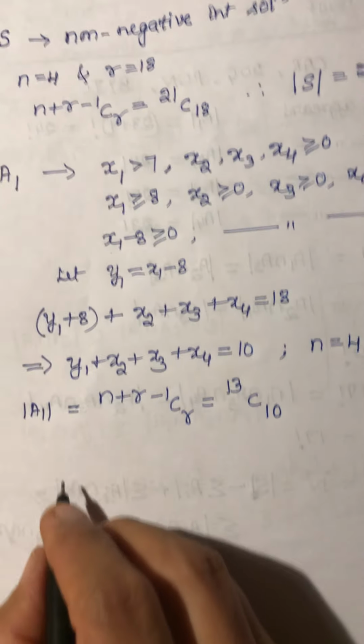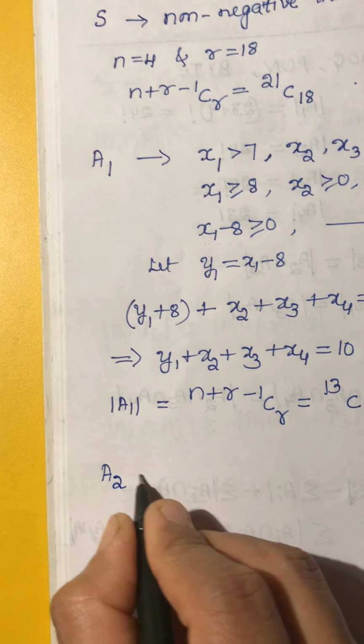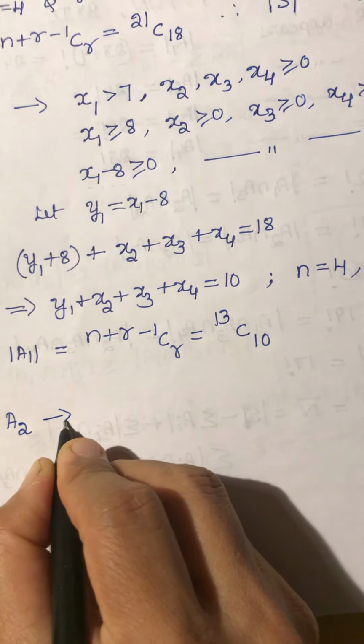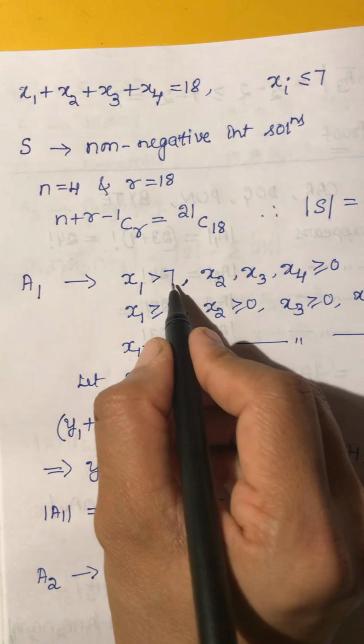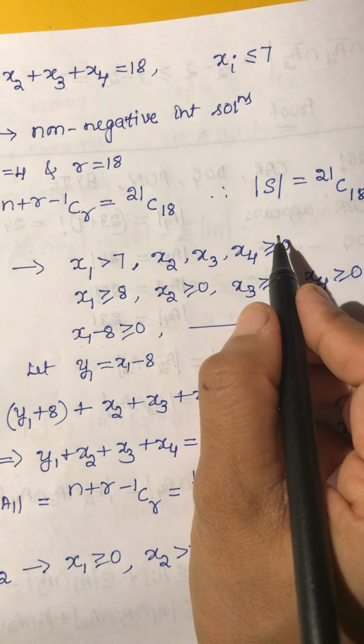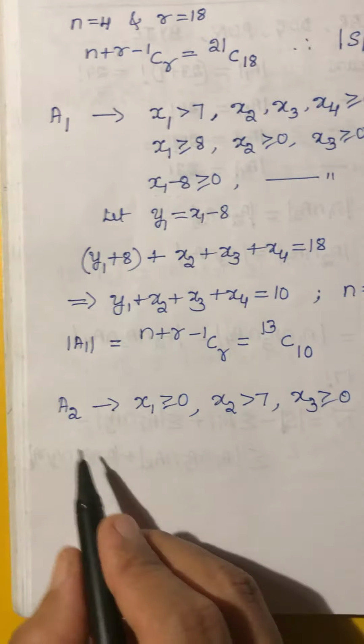Okay, now let us take another set A2. What is A2? Here the non-negative solutions have x1 greater than or equal to 0, x2 greater than 7, x3 greater than or equal to 0, and x4 greater than or equal to 0. Like in A1, I took x1 greater than 7 and the remaining just non-negative; in A2, I take the set of all solutions where x2 is greater than 7 and the remaining three are non-negative.